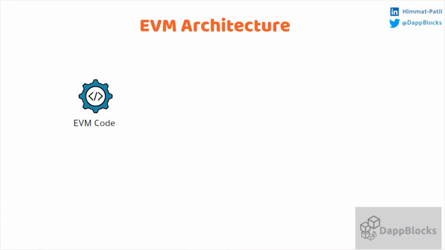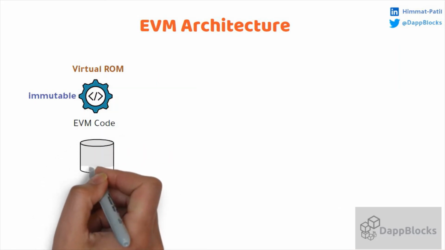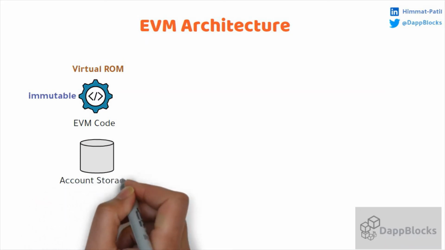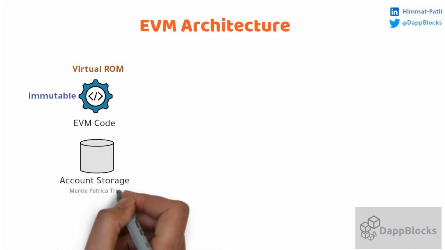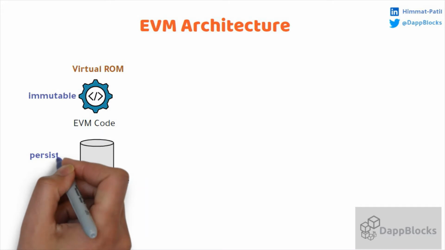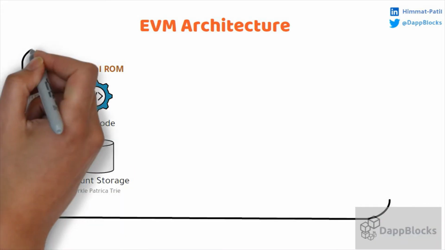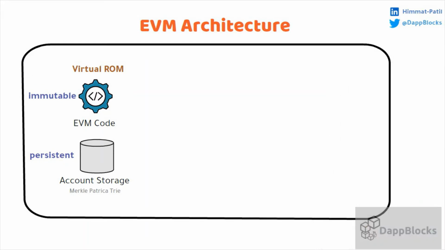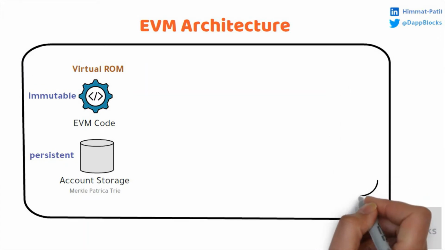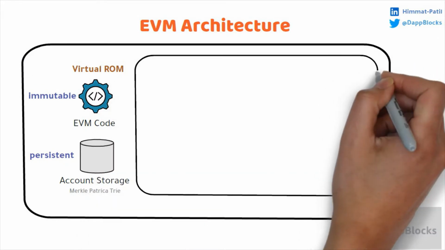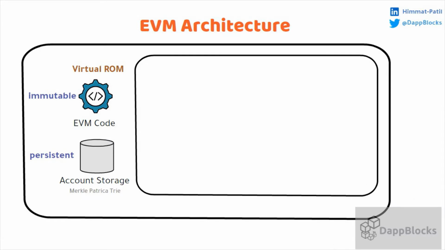EVM architecture. We have seen each contract account has first EVM code. EVM code is immutable code stored in non-volatile virtual ROM, that is read-only memory. Second, account storage. It stores hash of the root node of Merkle Patricia trie. It is a persistent data between two transition states, and by default it's empty. If you want to know more about accounts and transaction, I would recommend you to watch my previous video on Ethereum accounts and transactions.